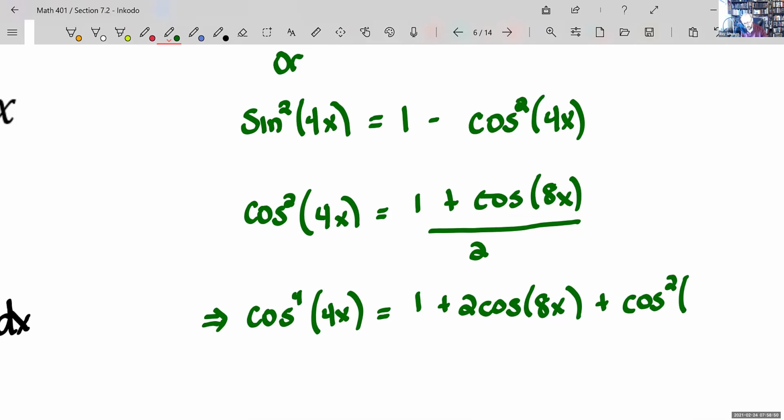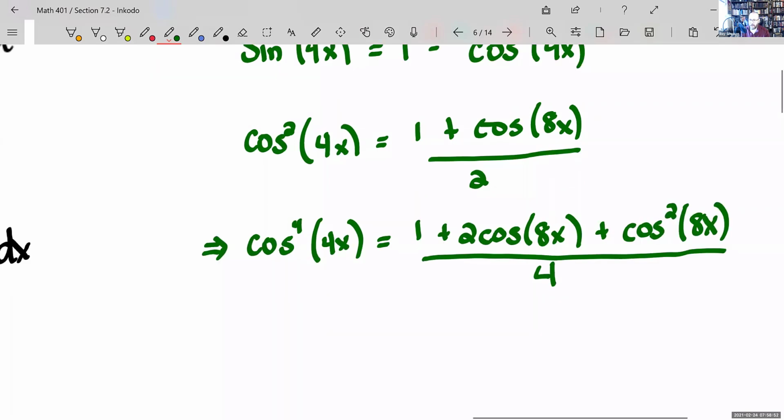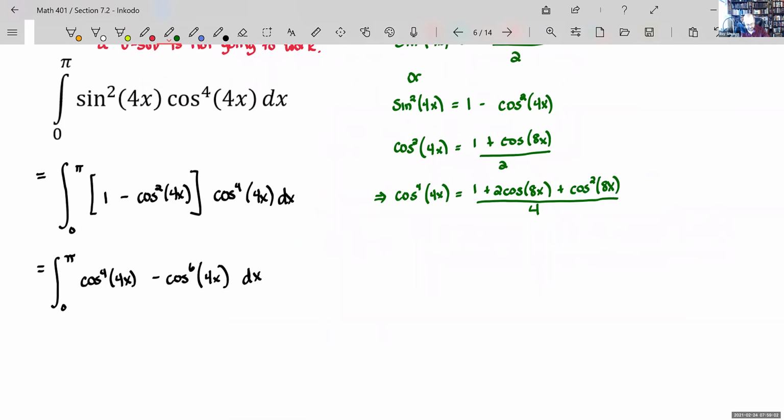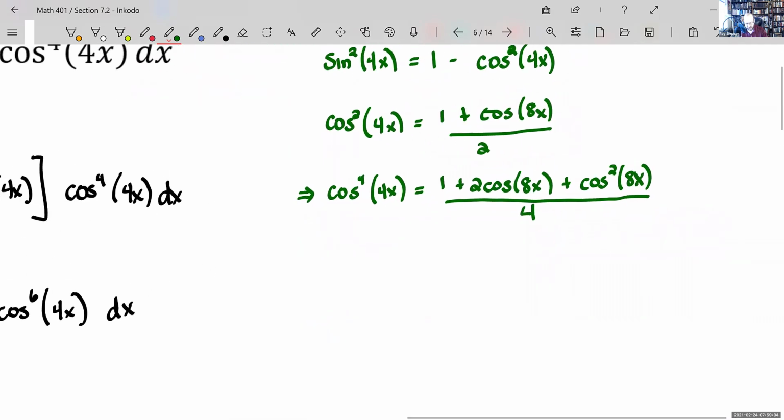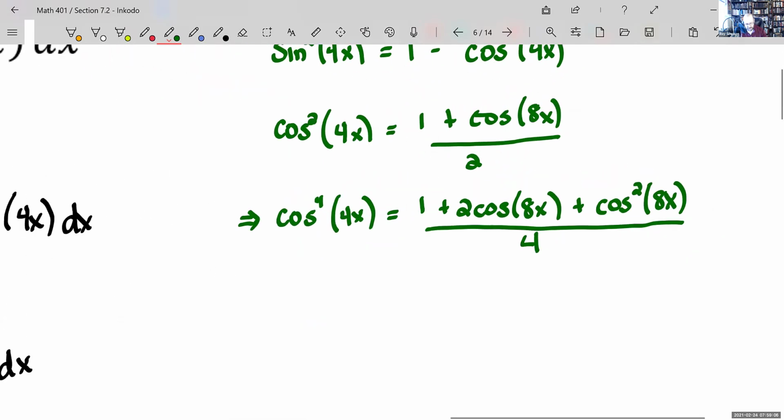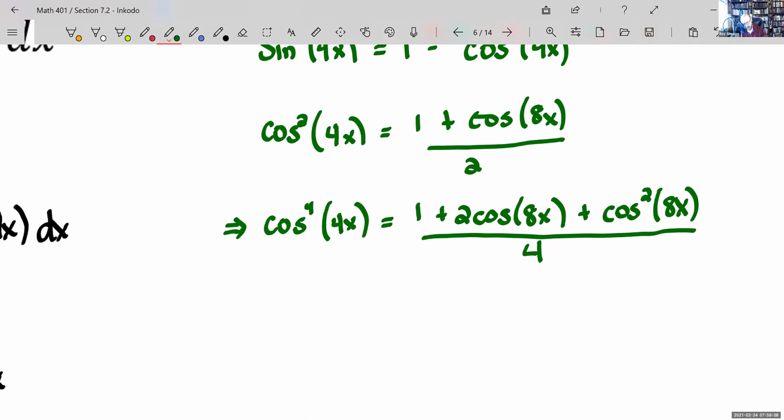I just squared both sides of that equation. And then you also, in this picture, see a cosine to the 6th. So let's go ahead and do a cosine to the 6th. So I'm just going to grab this guy and cube both sides.